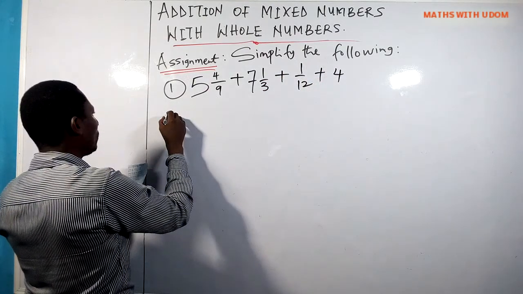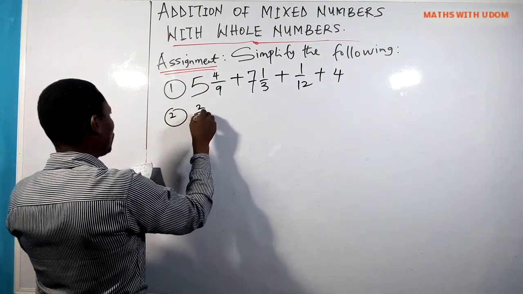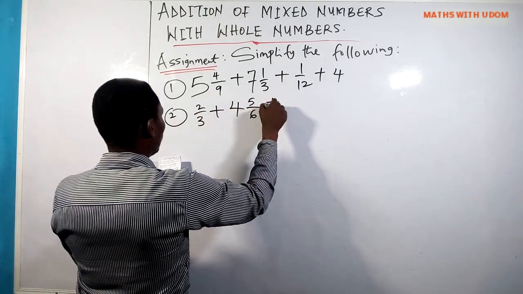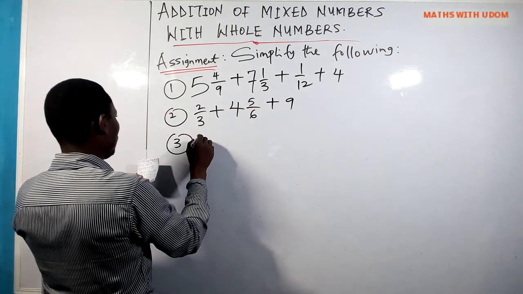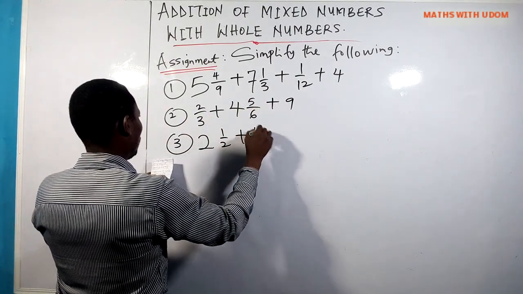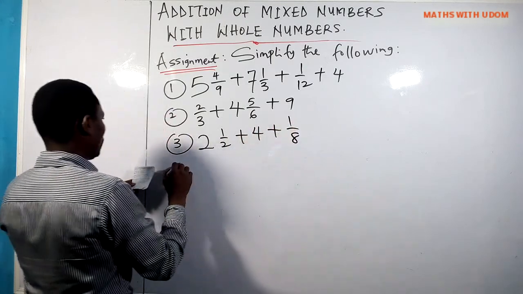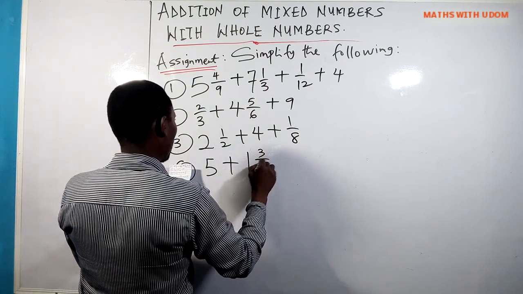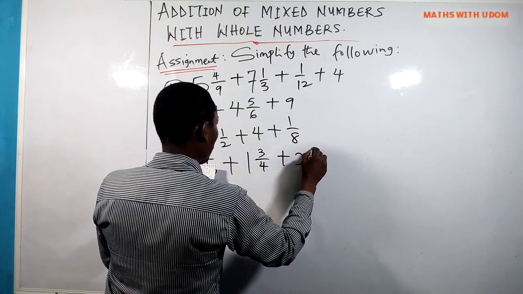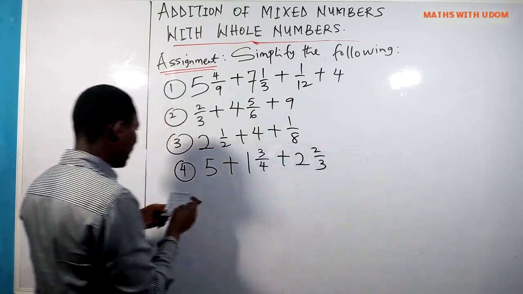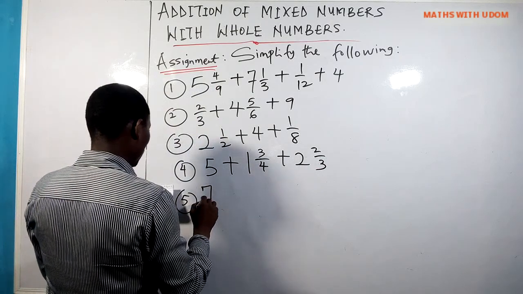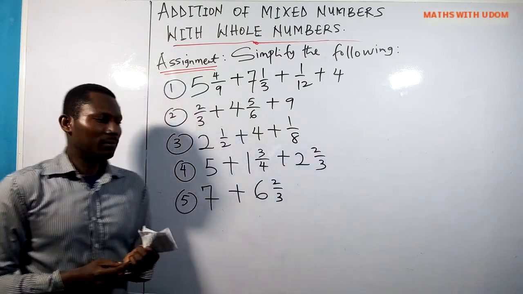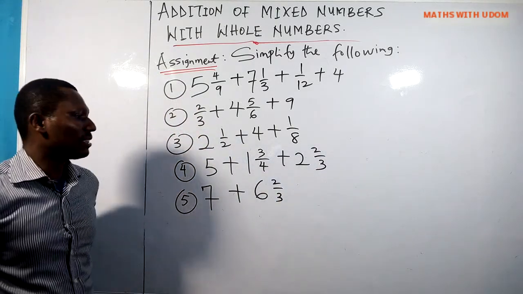Then number 2, number 3, number 4, and then lastly number 5. Okay, these are your 5 assignments.